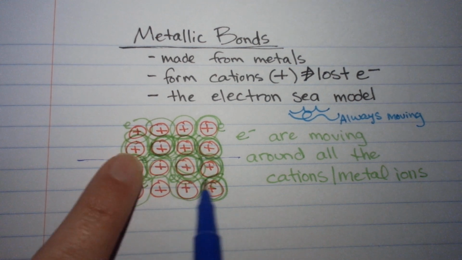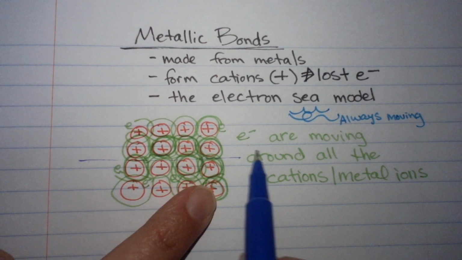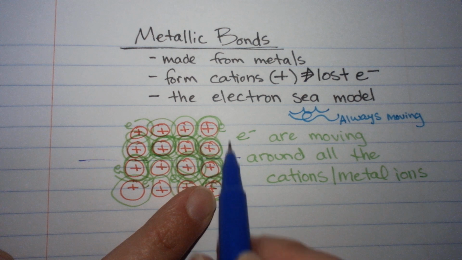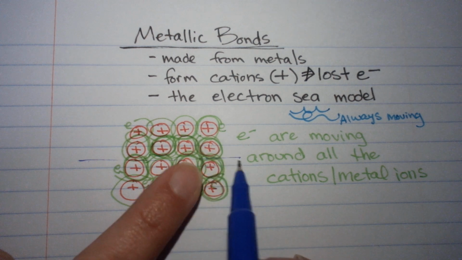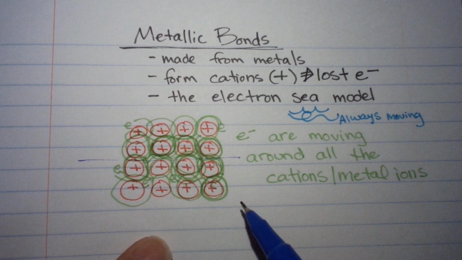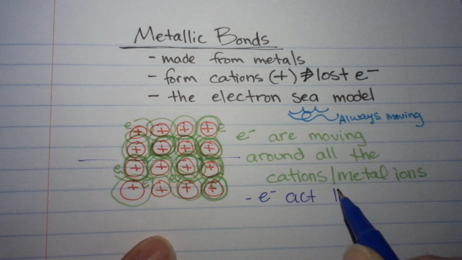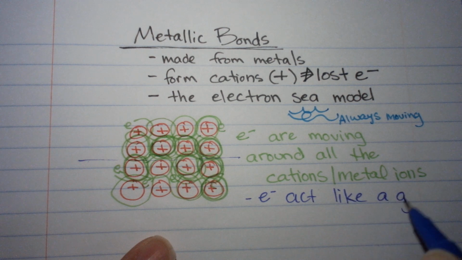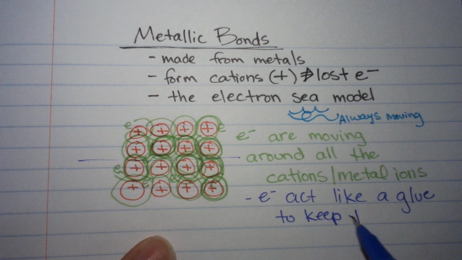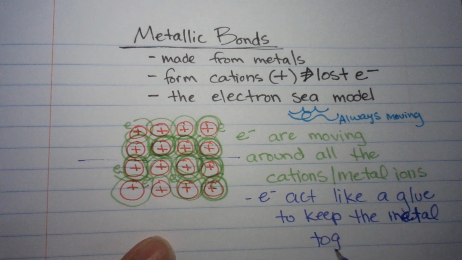And when they shift over here, the electrons are still going to fly all around them and keep them connected. So this electron sea, electrons act like a glue to keep the metal together.